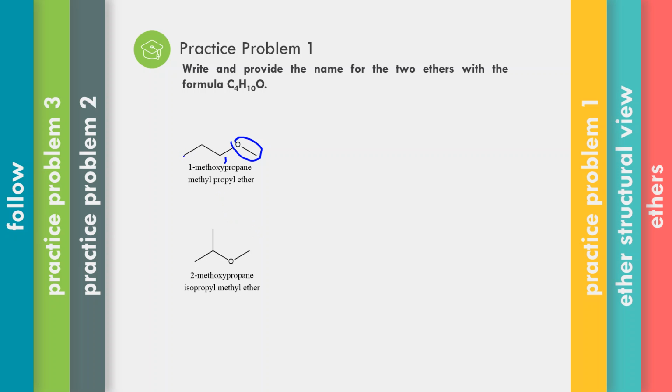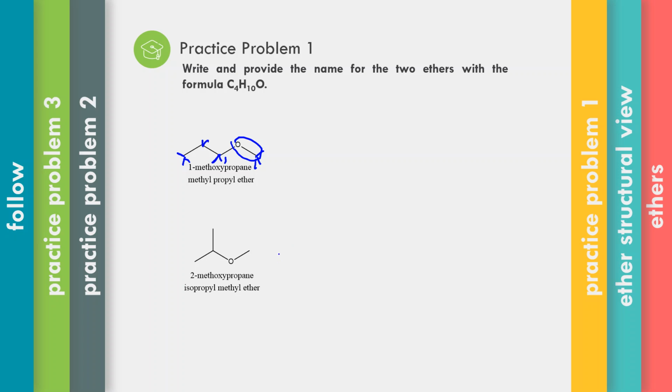Same as the previous structure, all these invisible ones are hydrogens, and to make it a full view, there must be 4 bonds on a single carbon. So 3, 2, 5, 7, 10. This makes H10. Same goes here: 3, 6, 7, 10.